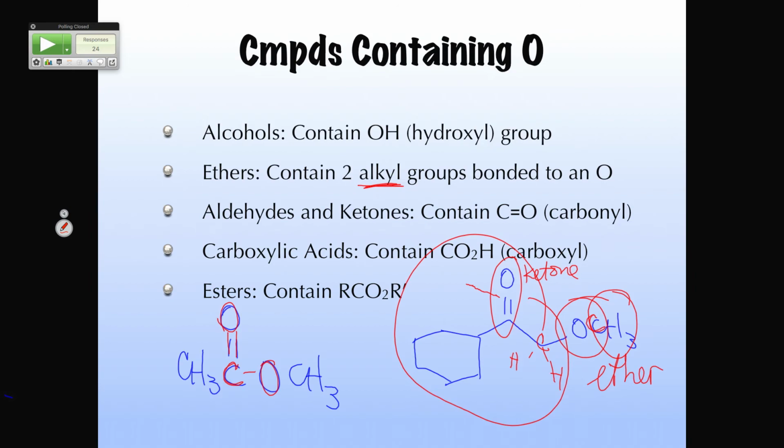There is no triple bond. If this is a ketone and an ether, the ether has to have two alkyl groups. Alkyl, that just means you have to have a carbon here and a carbon here. You don't have to have a triple bond or a double bond. You just have to have some kind of carbon attached to them.